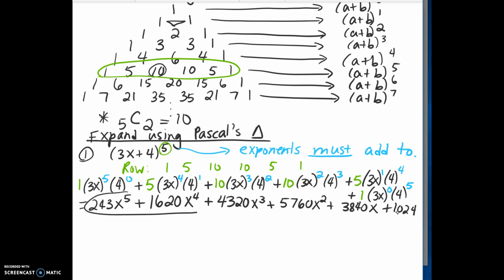So this would be your final answer. All right, so that's one option, and since this video is getting a little bit long, I'm going to pause there. We're going to do a second video for the binomial theorem and for finding a specific term. But it's essentially the same process as this. It's just finding the stuff that we have here in green. We're going to do a different way.